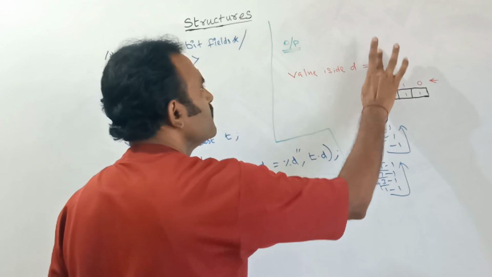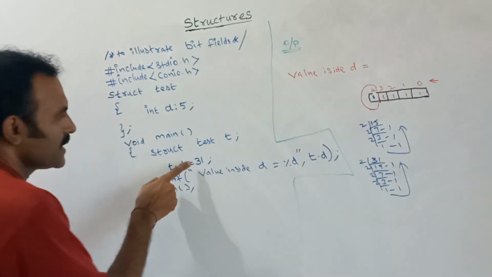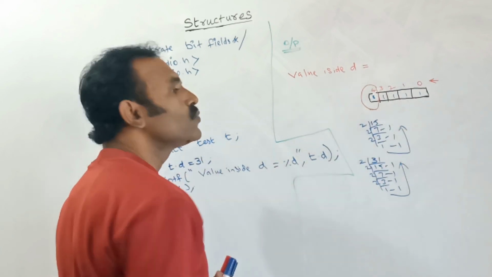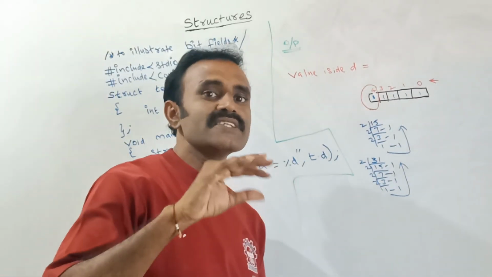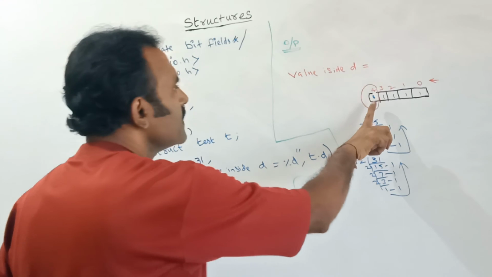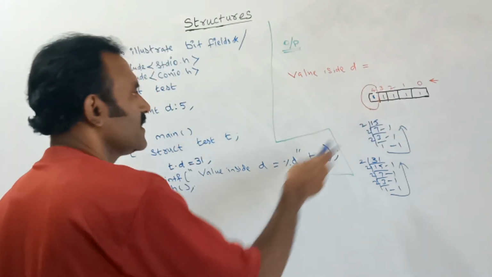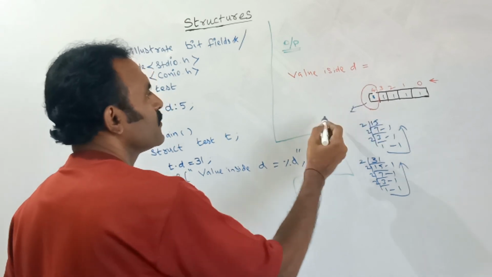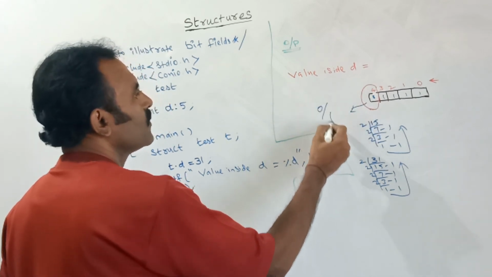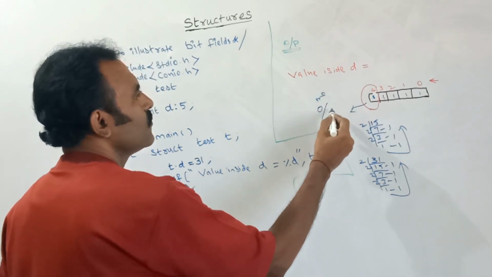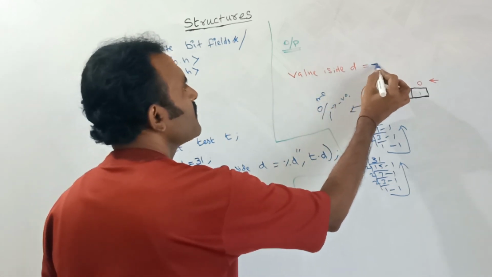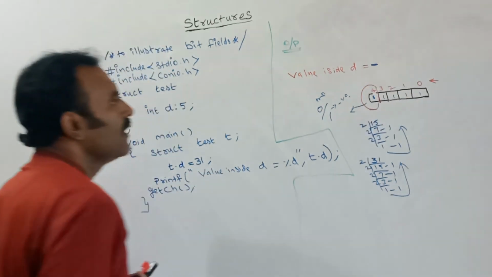Here the answer will not be 31, because if it is 1, then that is the 2's complement representation. In signed bit, if it is 1, then I have already told you 0 or 1. 0 means positive, 1 means negative. So here the sign will be very first minus sign.